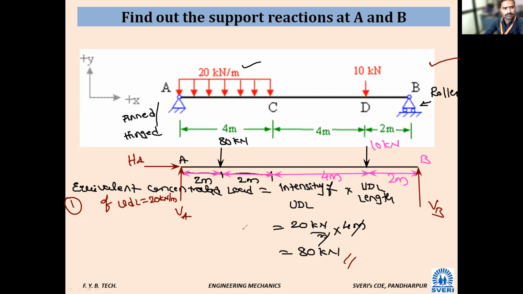Is it completed? Yes, sir. Okay, I will redraw the same diagram.